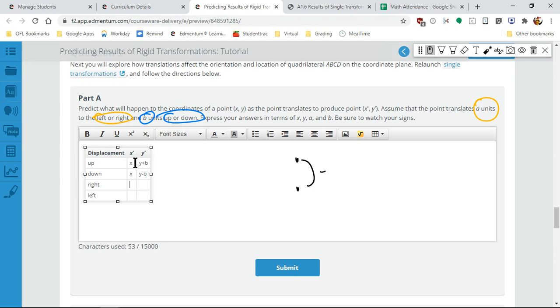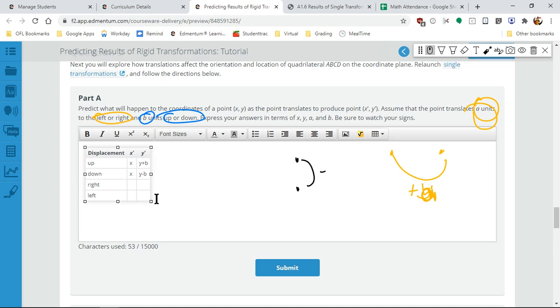When we're going to the right, we're going to add stuff to the x, because if I'm going to the right, I'm going to go over here. So I'm adding, I'm sorry, not b, I'm adding a to my x.